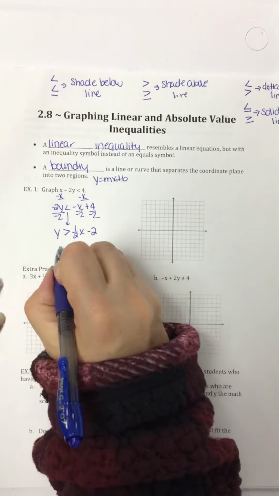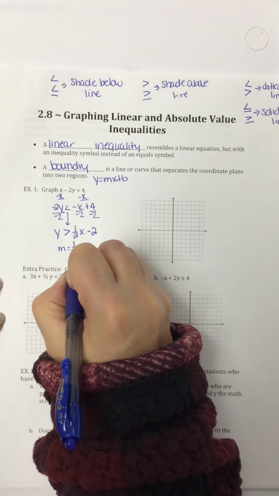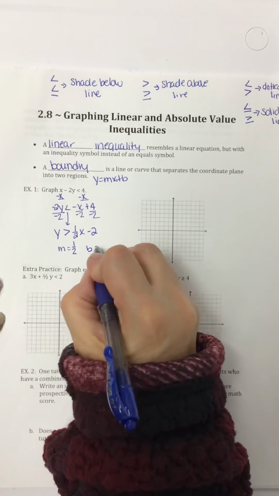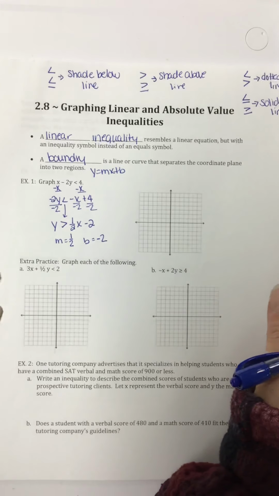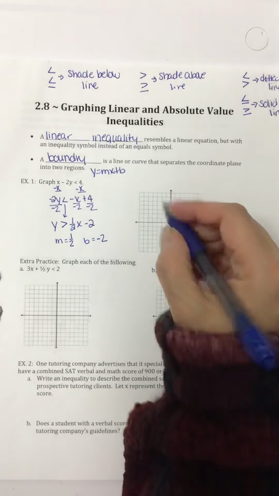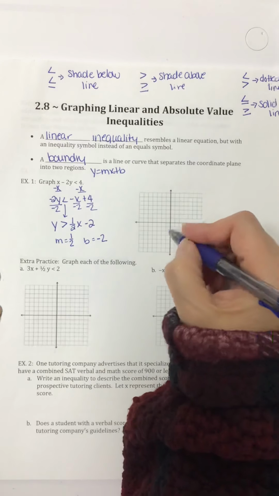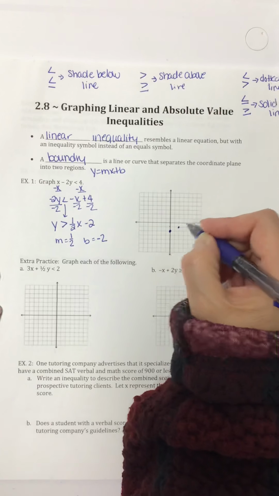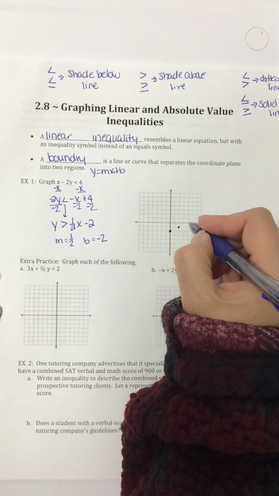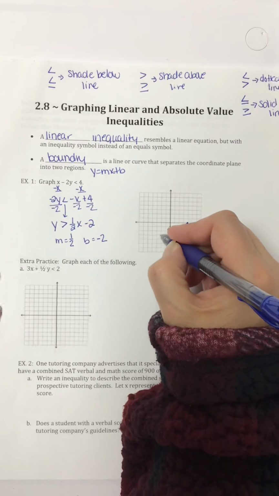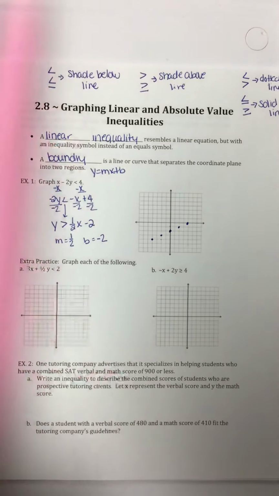So, what is the slope of this graph? 1/2. What is the y-intercept? What do we graph first? The y-intercept, negative 2. And then from that point, we would go up 1 and right 2, right, because it's positive slope, correct? Up 1, right 2, down 1, left 2. And then here's the thing.